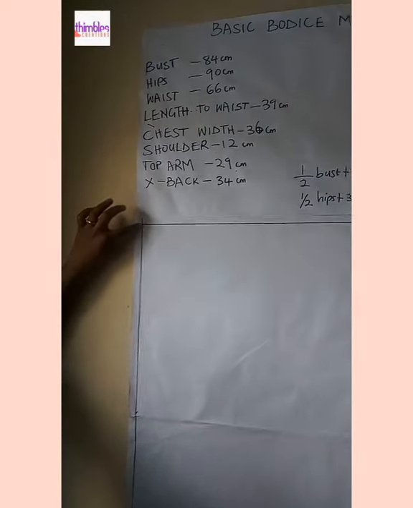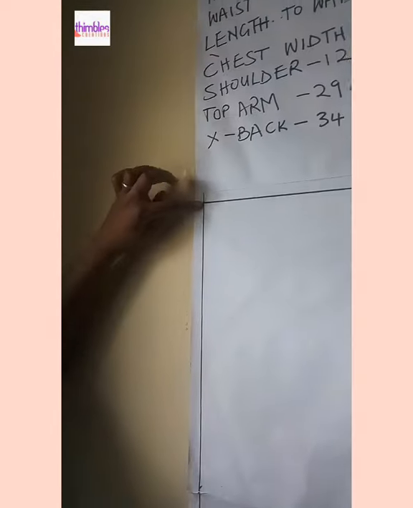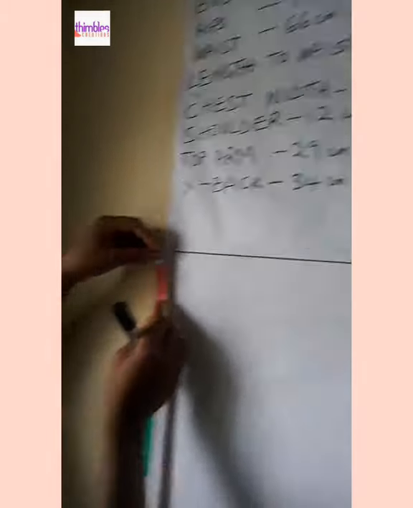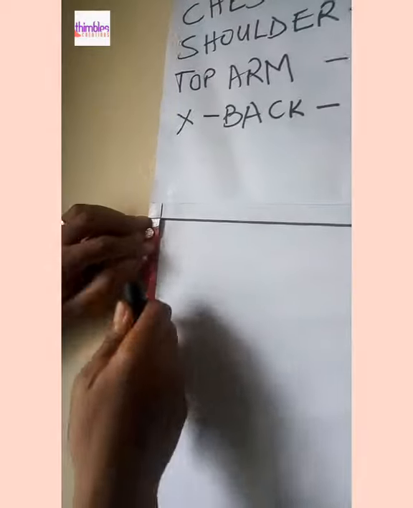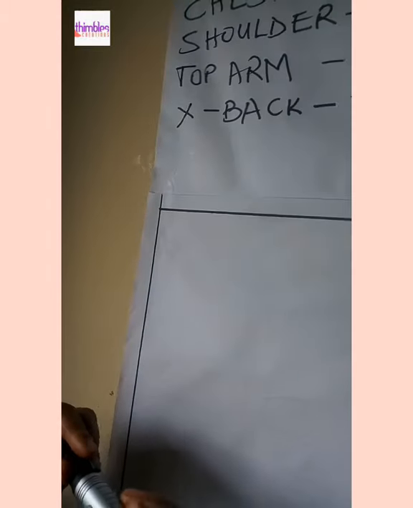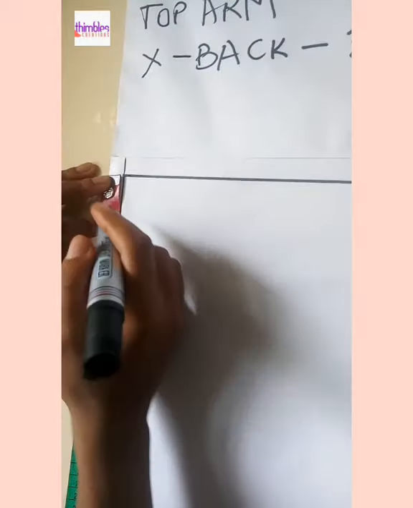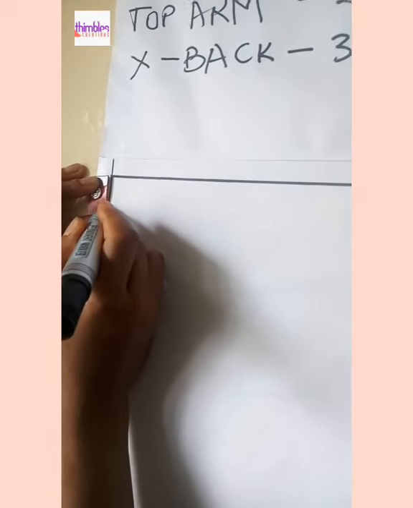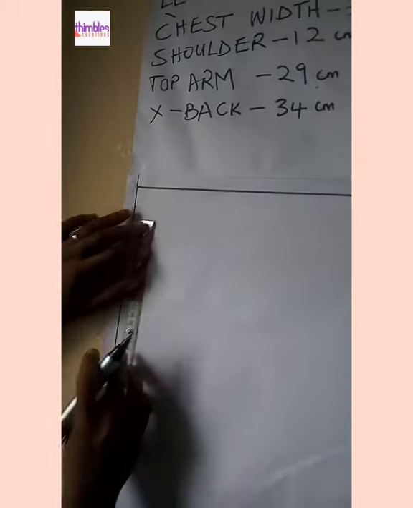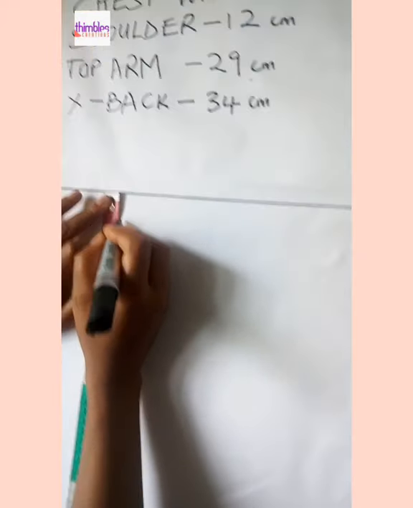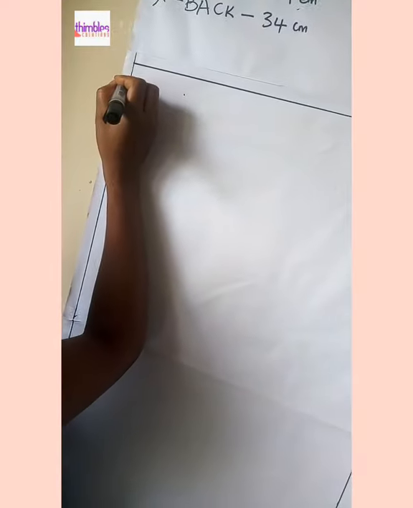From this right angle here, I measure 2.5 centimeters and mark it. In order to get a straight line, I also mark 2.5 here. This is point O. Always remember to label it, point O.